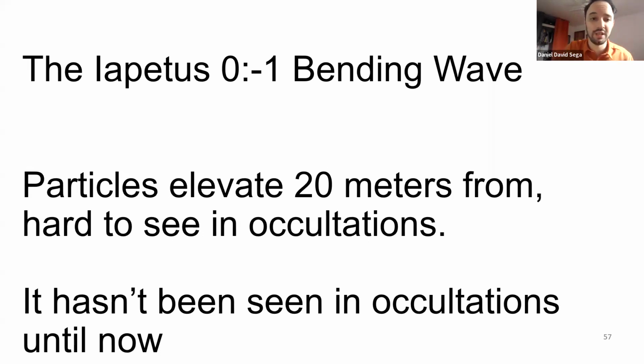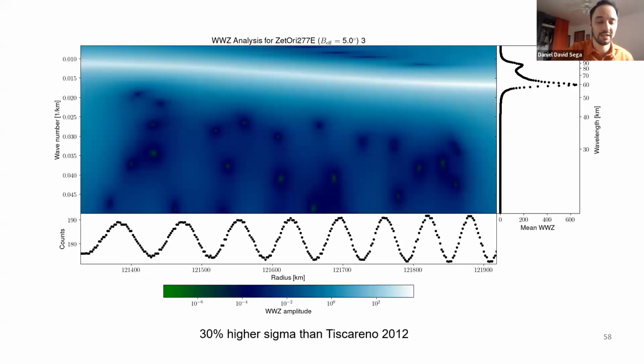So in order to see them, we applied a wavelength analysis, really trying to look for this using a lot of the data set, not just one occultation. And here is an example of what we should see if the only reason for optical depth variance is this wave.